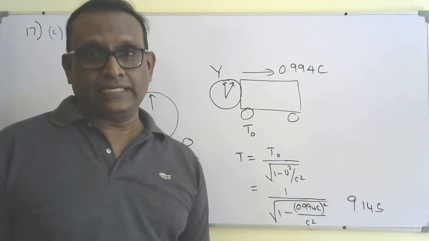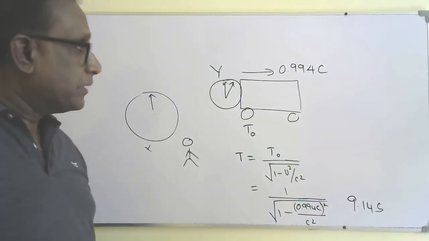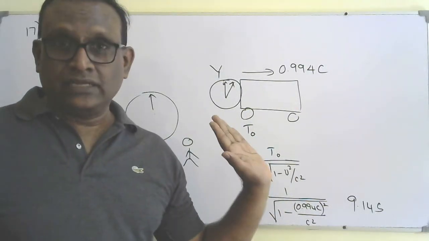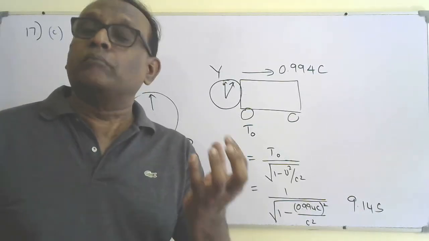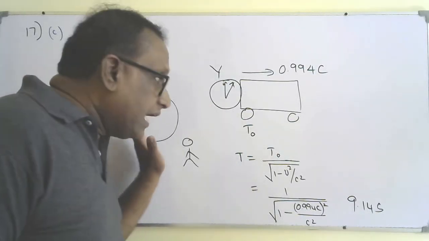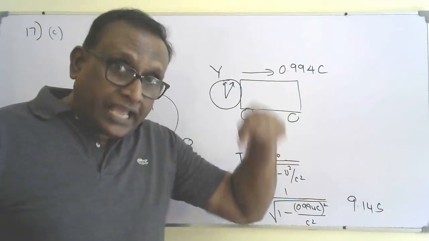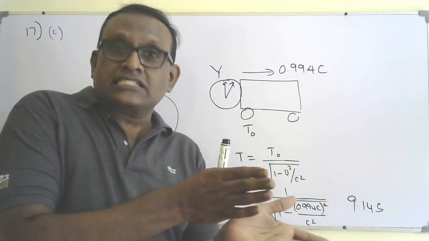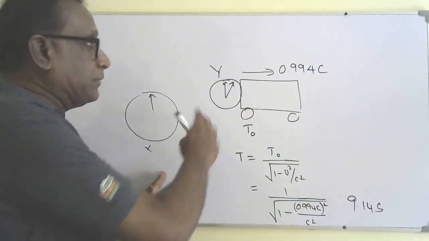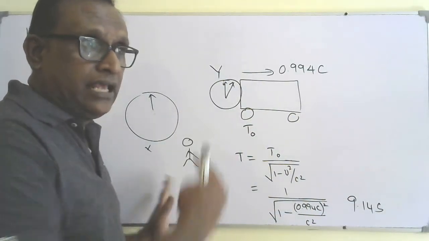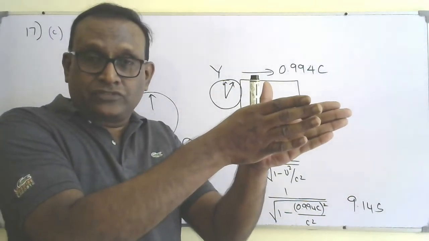That's called time dilation. So here what happens, the muons are in motion. If the muons are at rest, their lifetime is 2.2 microseconds. When they are in motion, in their own clock, it takes 2.2 microseconds. But when we observe it, imagine a muon moving in a circular path and we are observing the lifetime of the muon.